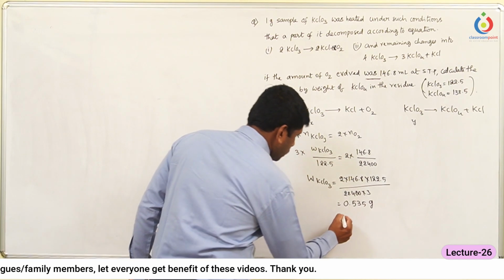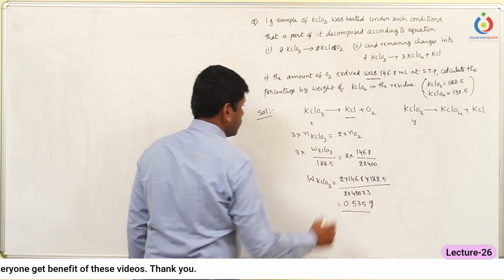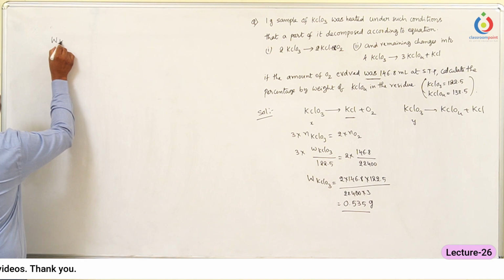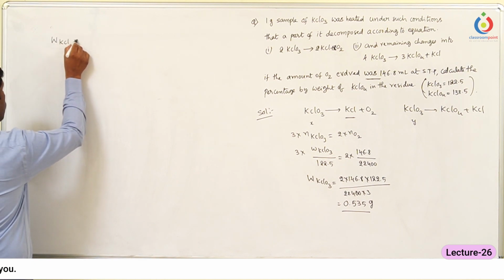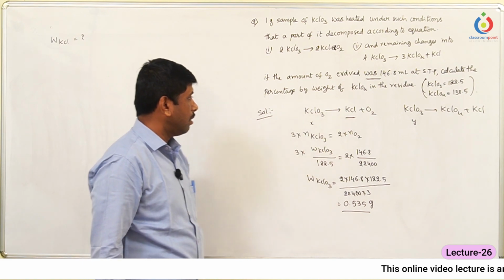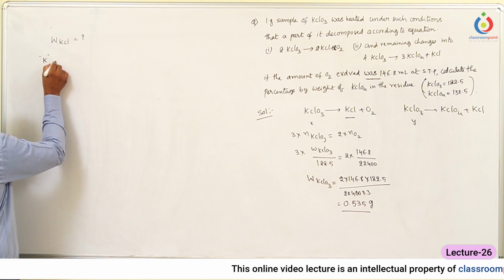See here, KClO3 mass we calculated. Now let us calculate the KCl mass. So the weight of KCl we have to calculate. Now potassium is conserved, or else chlorine can also be conserved. So I am considering K is conserved.